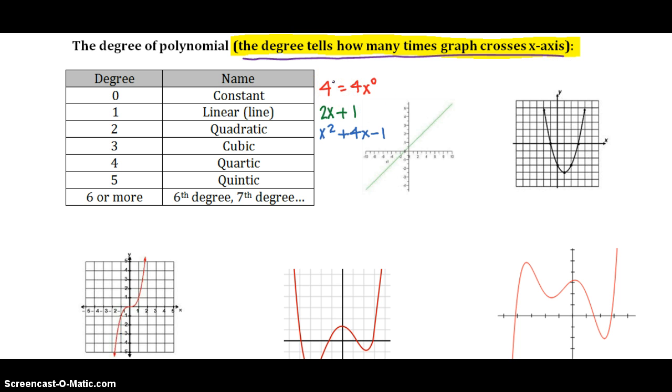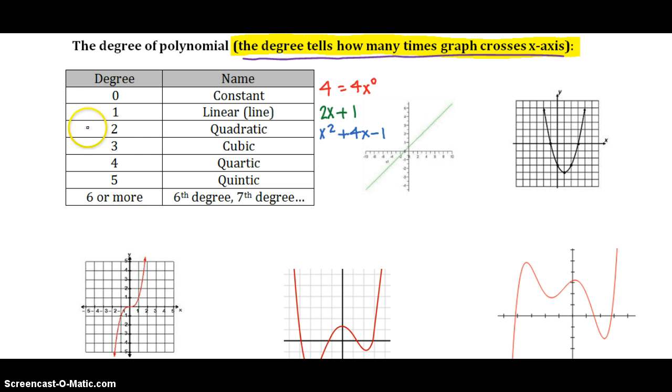So a constant has 0 degrees. It's not going to be a graph. There's not going to be a line. It's going to just be a number. Now, if it's linear, like 2x plus 1, we know slope-intercept form. So it's going to be a line. It'll hit the x-axis only once.